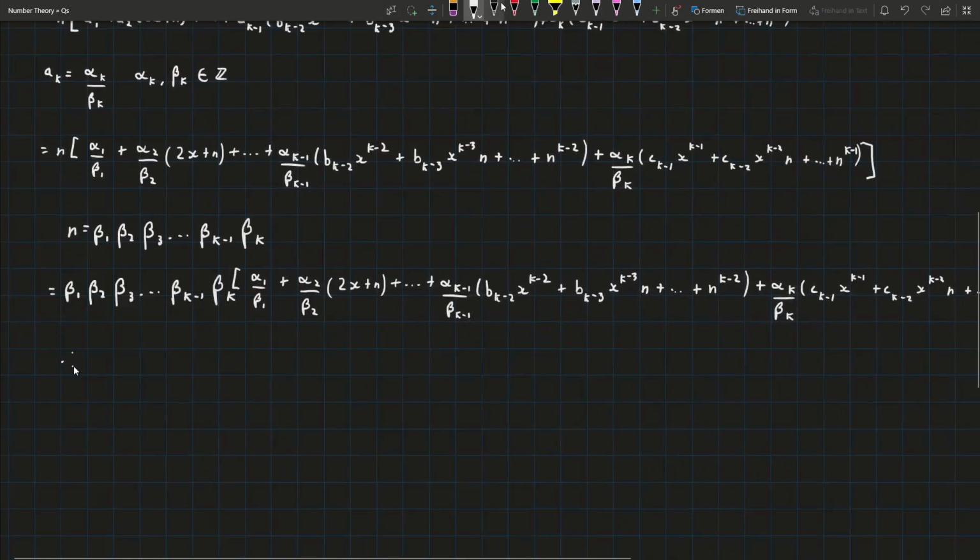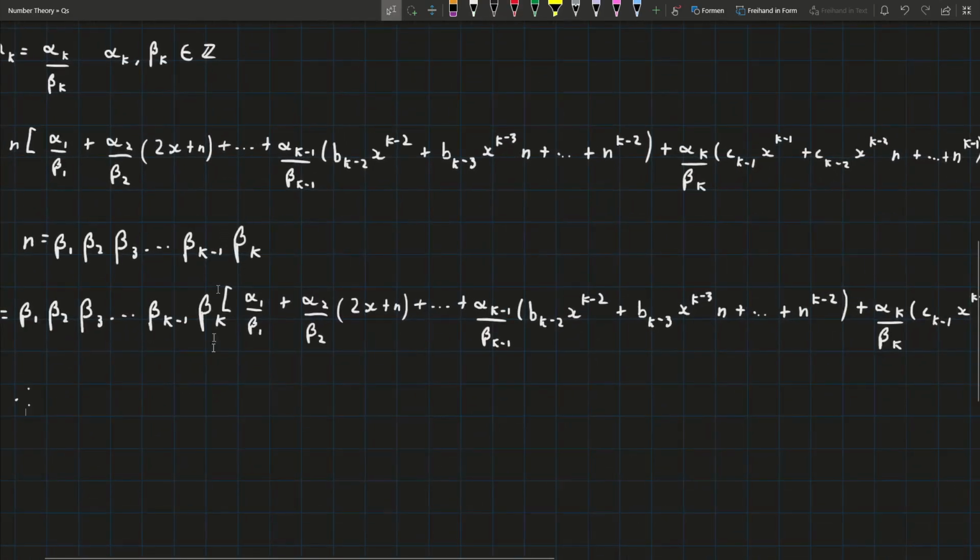Therefore, the beta k's will cancel with the stuff in the square bracket.